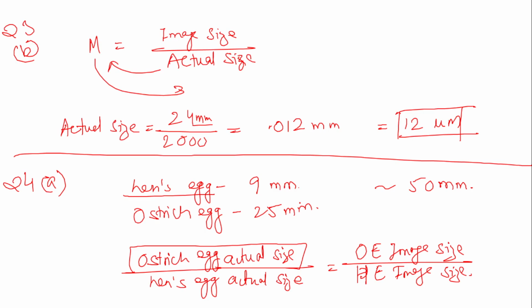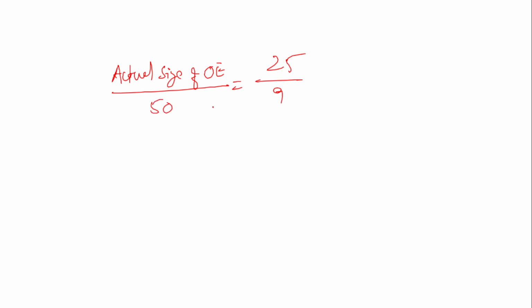So ostrich egg upon hen's egg in the image is 25 upon 9 millimeters, and here we have to find the actual size of ostrich egg upon actual size of hen's egg, which is approximately 50 millimeters.